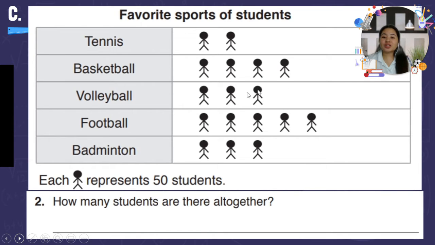Let's start at tennis. 50 plus 50 is 100, plus 50, 150, plus 50, 200, plus 50, 250, plus 50, 300, plus 50, 350, plus 50, 400, plus 50, 450, plus 50, 500, plus 50, 550, plus 50, 600, plus 50, 650, plus 50, 700, plus 50, 750, plus 50, 800, and plus 50, 850.